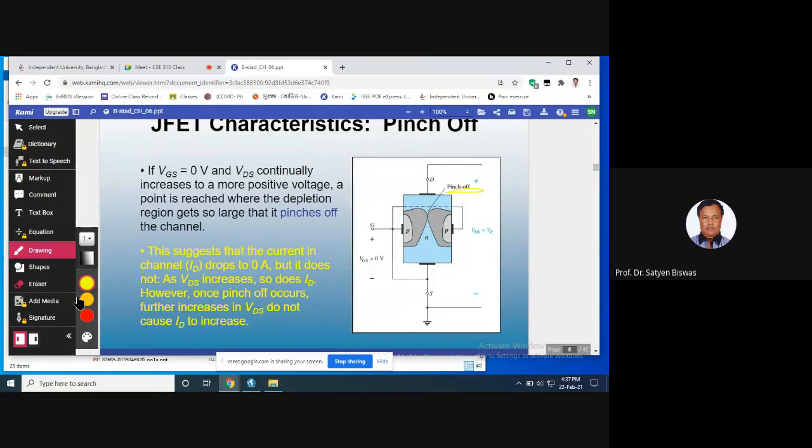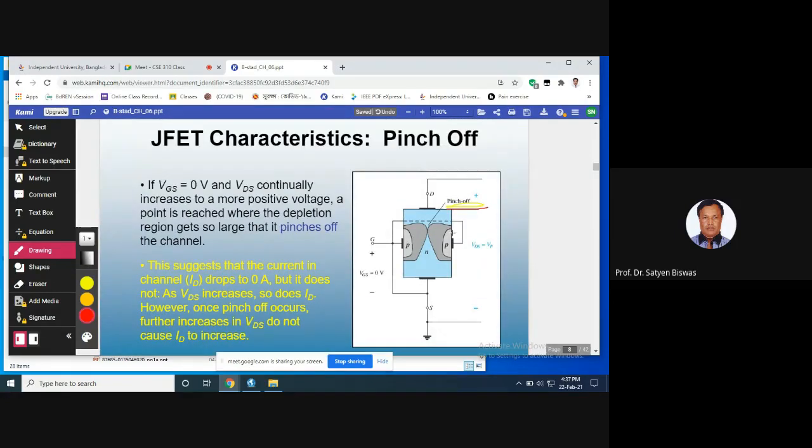This is called pinch off. When we gradually increase this voltage, at a certain point these two depletion regions will come close to each other and touch each other, and that point is known as pinch off.